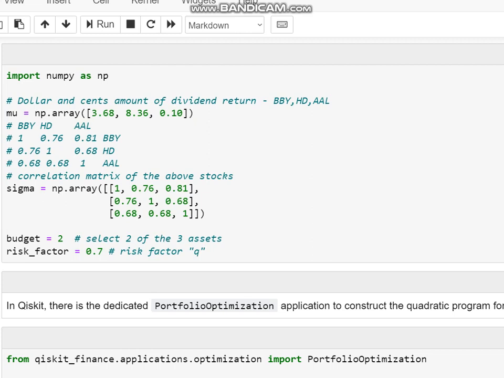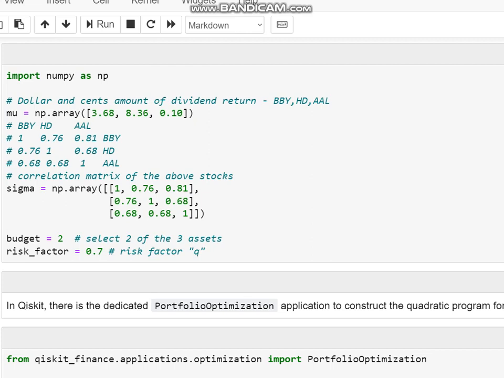HD correlated with itself is 1, obviously, because when Home Depot moves, Home Depot moves. So it's always 1. That's why AAL with AAL is 1. AAL with Home Depot is 68% correlation, which is 0.68. And then you've got your bottom row here: BBY with AAL, 0.68. Home Depot with AAL, 0.68. AAL with AAL itself is 1 correlation, because obviously when it moves, it moves.